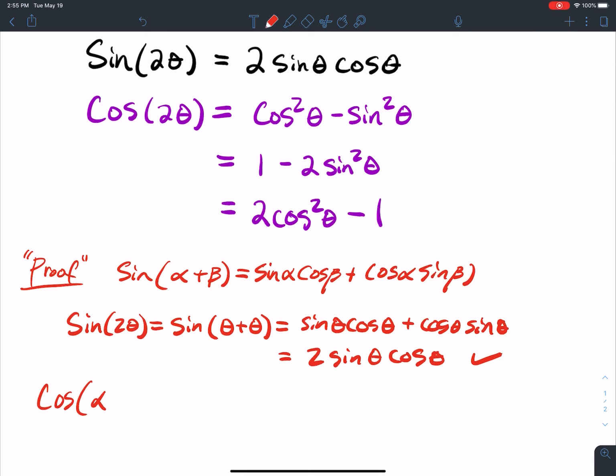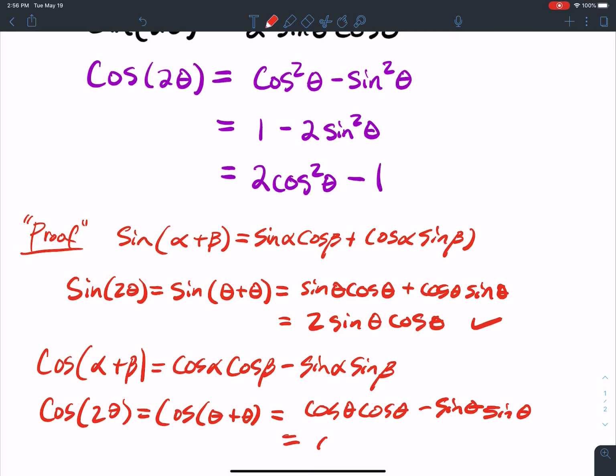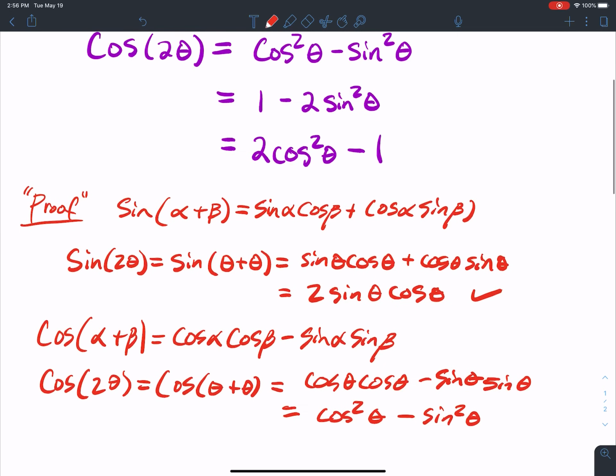Okay, and so cosine 2 theta equals cosine theta plus theta, which is cosine theta cosine theta minus sine theta sine theta, which is cosine squared theta minus sine squared theta. So that gets us this one. Now, how do we get this one here?